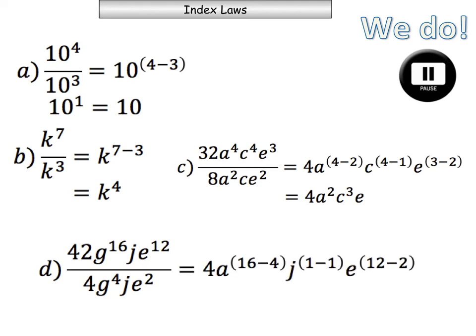So here we're going to do 4a to the power of 16 minus 4, so you get 4a squared e to the power of 10. Now notice here that we don't have a j term, and the reason why is because when we have any base with the index of 0, then it's just 1. We can see that here we've got j divided by j. We know that any number divided by itself will be just 1.